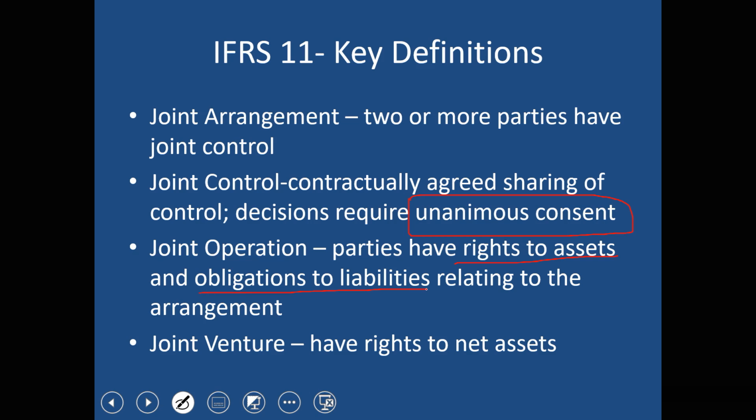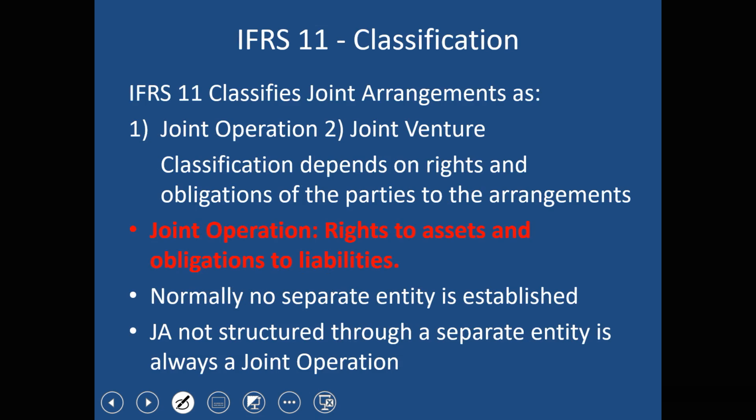So you identify your assets to the arrangement. You identify your obligation to the arrangement. You must take care of your assets and your liabilities. But in joint venture, you are not interested in any asset or any liability. You only need the net position. So it's like the entity should do whatever they are doing and tell you what is left. That's the joint venture. We will discuss it further.